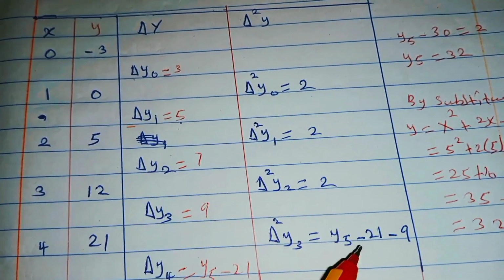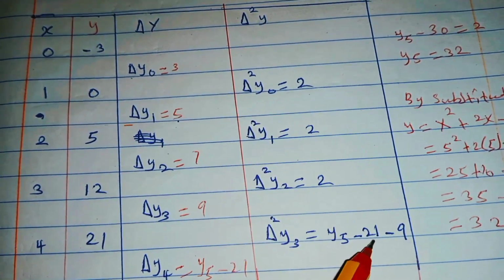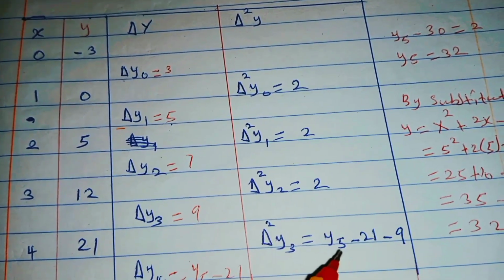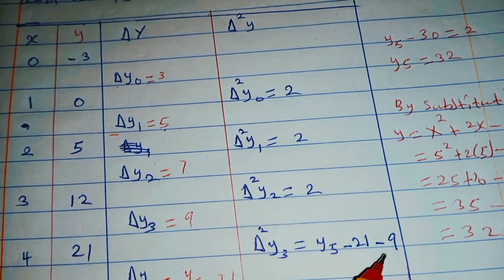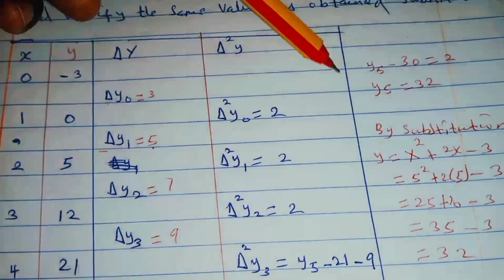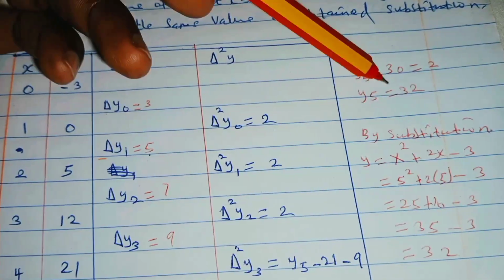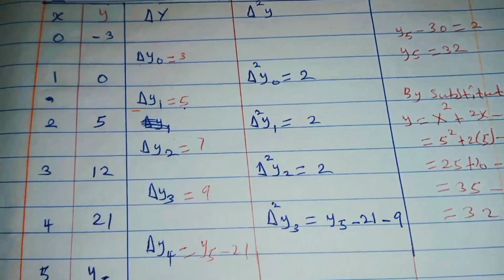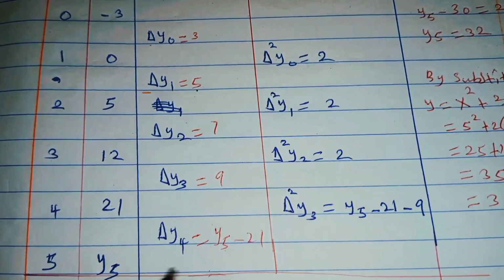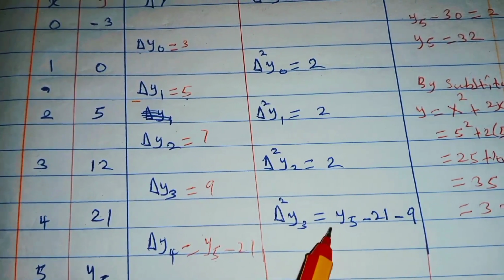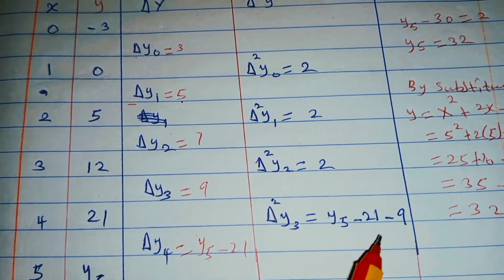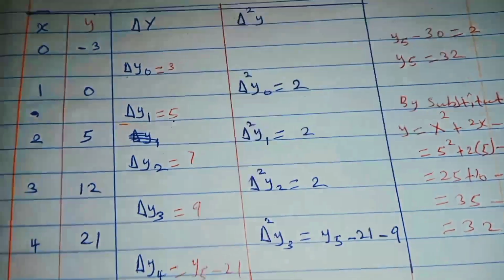So y5 minus 21 minus 9 is equal to 2, meaning that y5 is equal to 32. So our value of y5 is 32. If you have 32 here, minus that, the value will be 2, constant as shown.